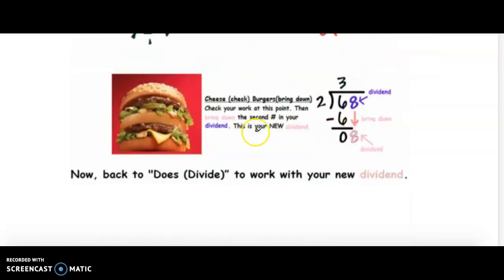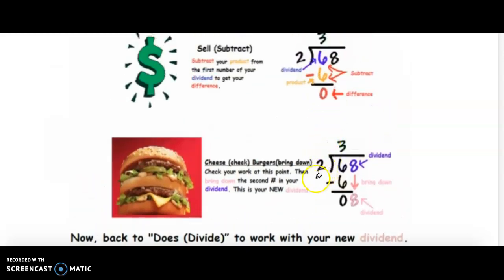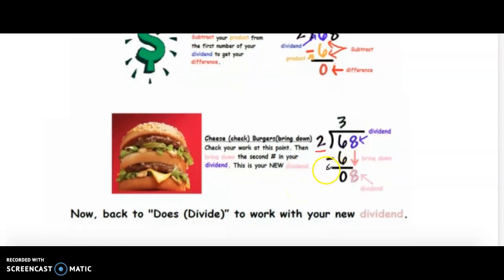Now, this part is very important, the cheese, okay, to check. So you should not be moving on if that difference is greater than or equal to our divisor, because then you did not go high enough, okay? That means you did not divide the way you needed to. So this checking is extremely important.